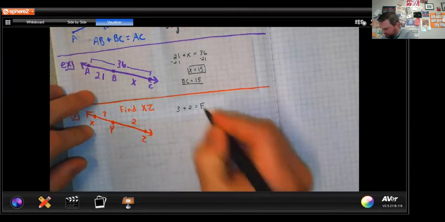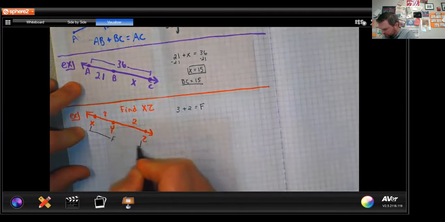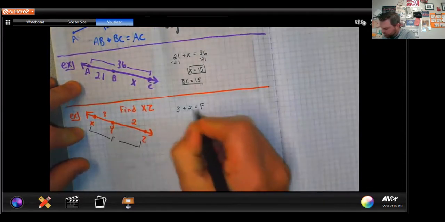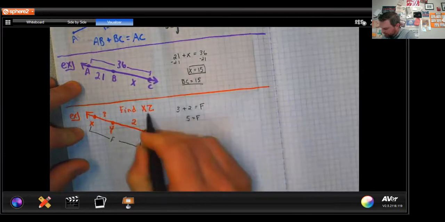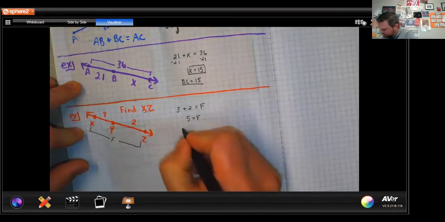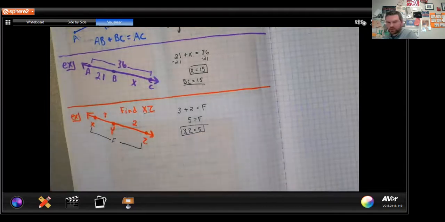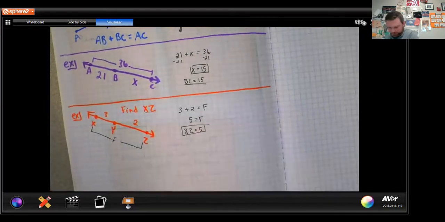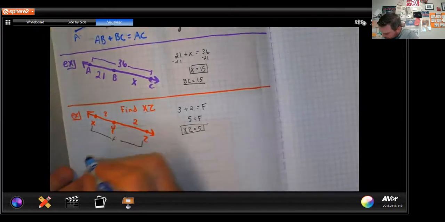So this whole thing is F. Well, 3 plus 2 is 5, which is F. So XZ, which is X to Z, is 5. So XZ equals 5. I could have put an XZ there as well. It doesn't matter.